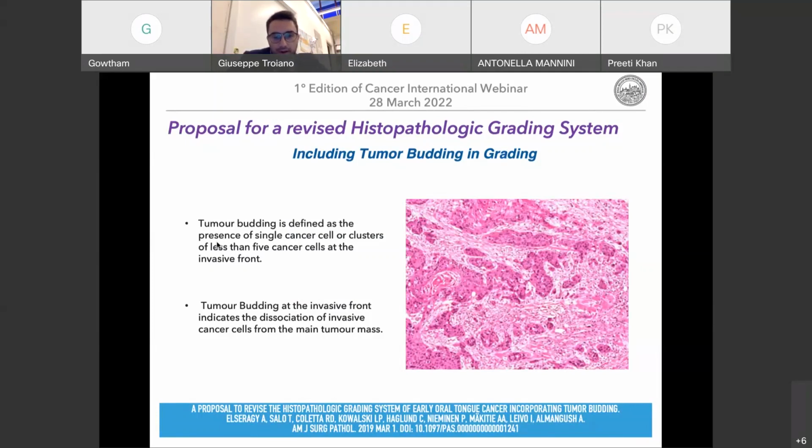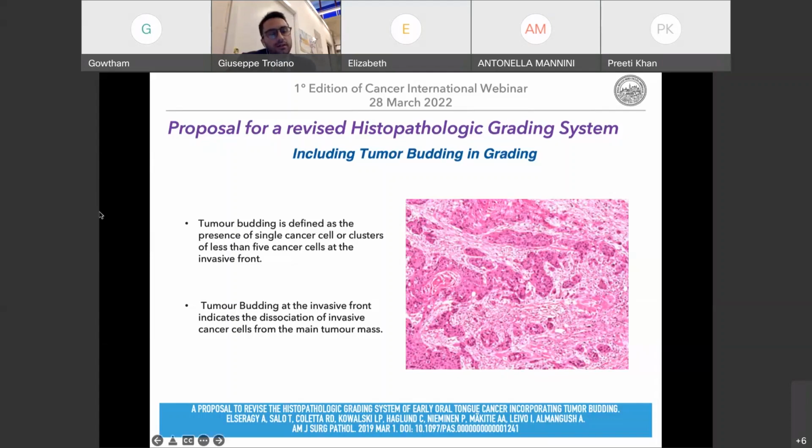So some colleagues in Helsinki have tried to improve this grading system by adding another parameter, not just the differentiation of the tumor, but also including the capability to invade the underlying connective tissue.